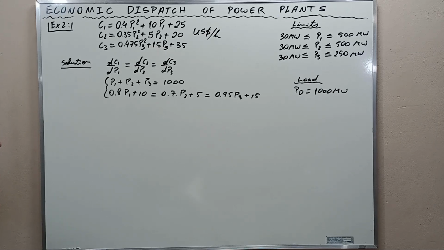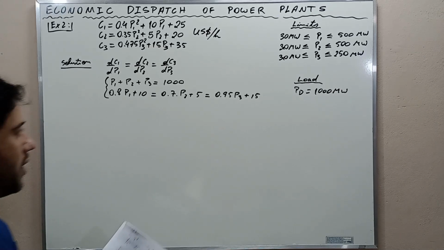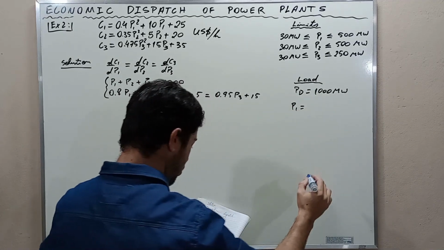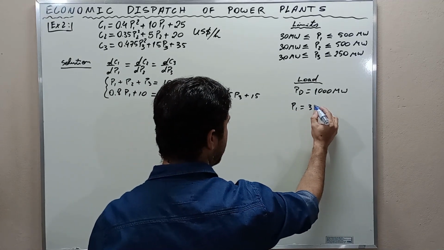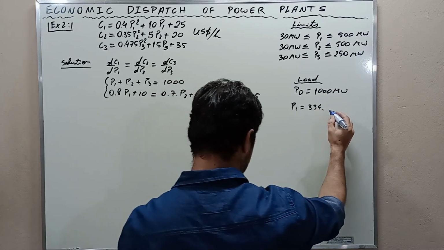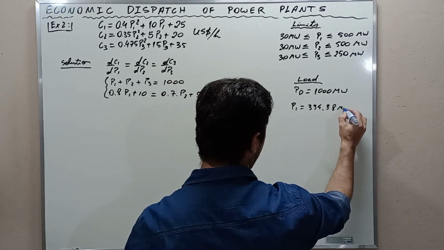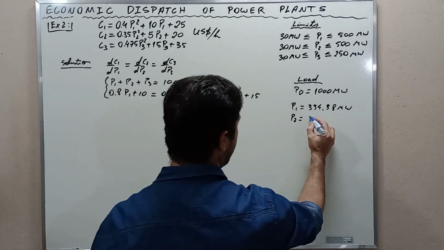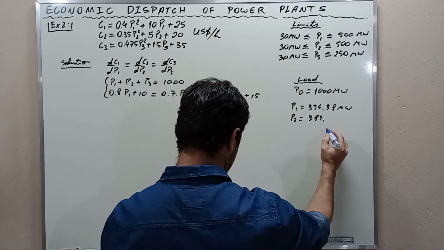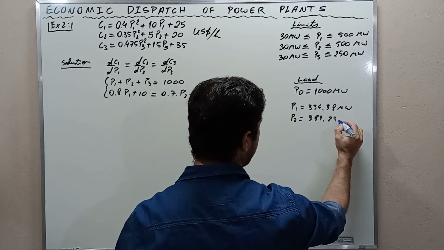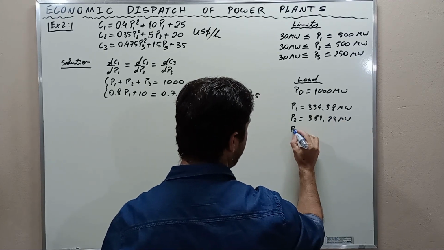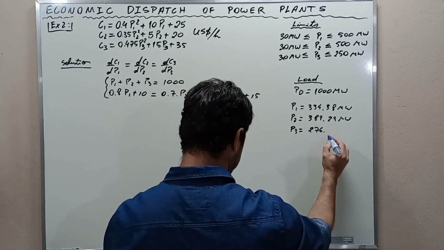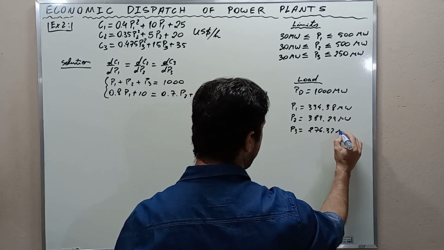And after solving this system of equations, we find that P1 is equal to 334.38 megawatts, P2 equal to 389.29 megawatts, and P3 equal to 276.32 megawatts.